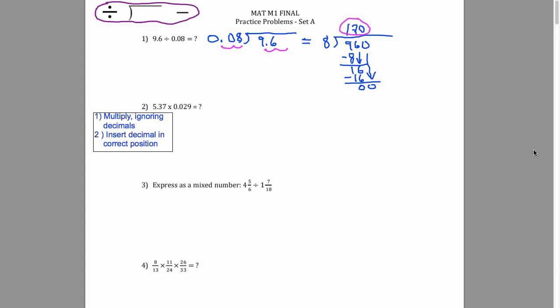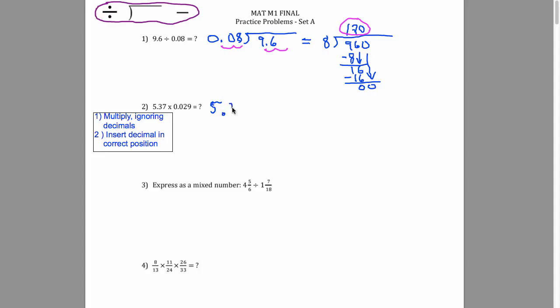Question number 2 asks you to multiply 2 decimal numbers. The steps will be to multiply, ignoring the decimals for the time being, and then insert the decimal in the correct position. I suggest you multiply vertically because that's easier for most people. Now the order in which you multiply does not matter, but I suggest this time you multiply the 5.37 first.